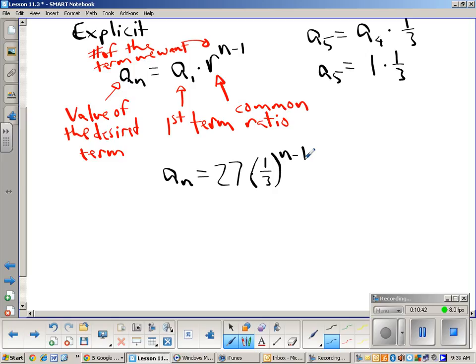Yeah, so he's saying we should write it this way. I agree completely. So a sub 100 means the value of the 100th term is 27 times 1/3 to the 99th. Do I need to show 100 minus 1, or are we okay with getting 99 from 100 minus 1?